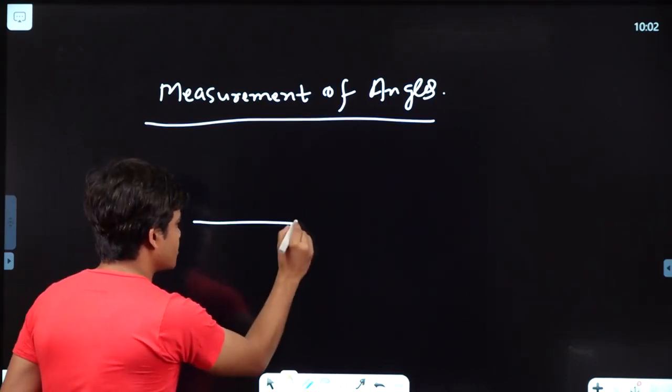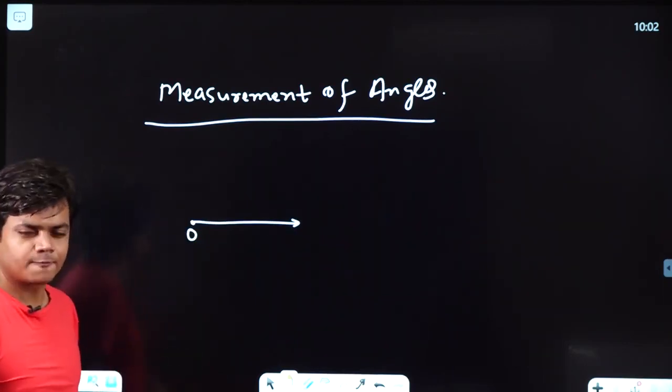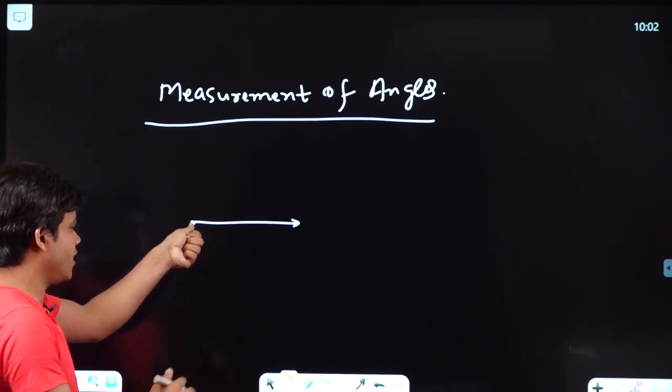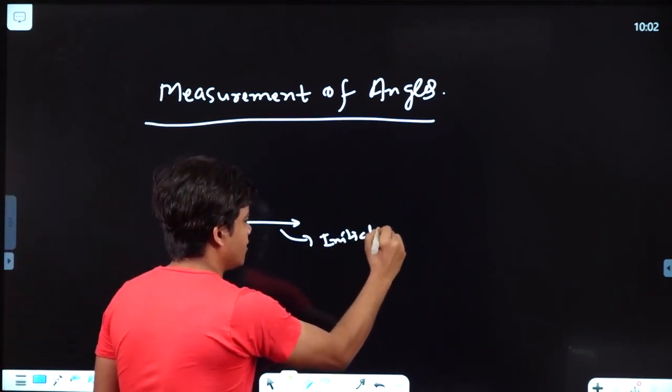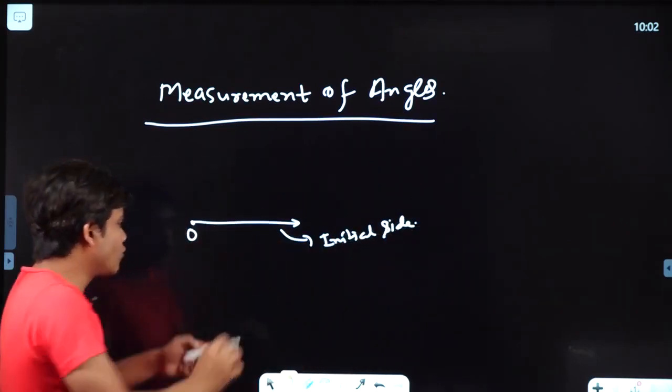Take this initial line and this O as the initial point, and then fix your thumb over A, and this is called what? Initial side. Initial side means the side from where you are going to start.